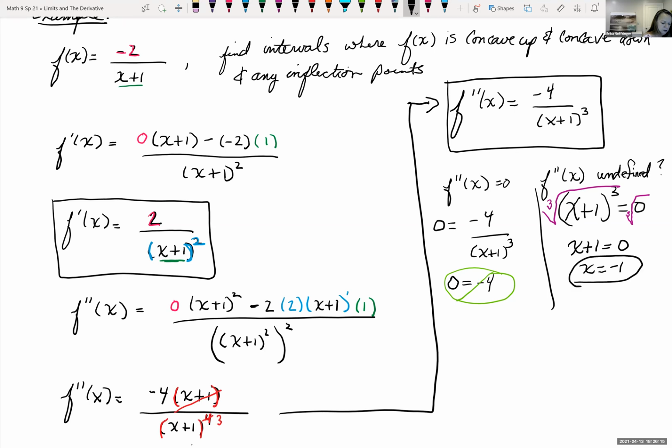It's actually undefined here too in our original. And I notice that it sets my denominator equal to 0 and not my numerator. So we talked about this at the beginning of the semester. x equals -1 is going to be a vertical asymptote.